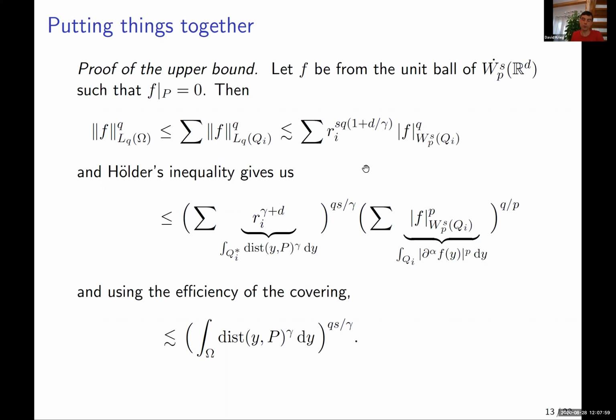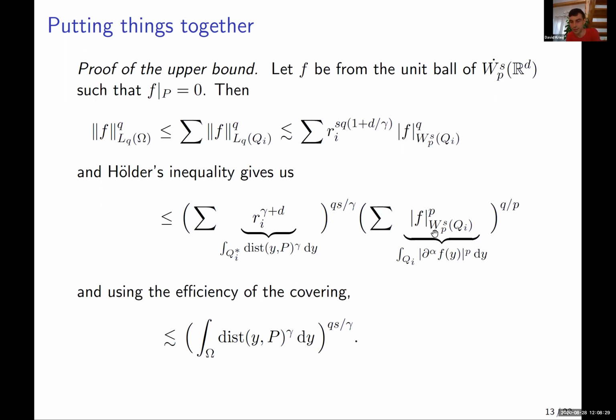Okay, and then we do some Hölder inequality magic. And how do we do it? We do Hölder in the way that the q in the exponent of the Sobolev seminorm gets a p. And this has the advantage that here you only have an integral and not an integral to some power.